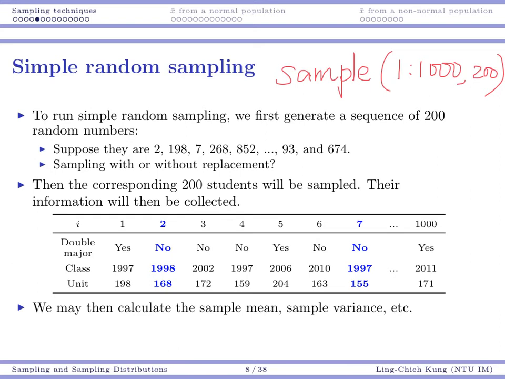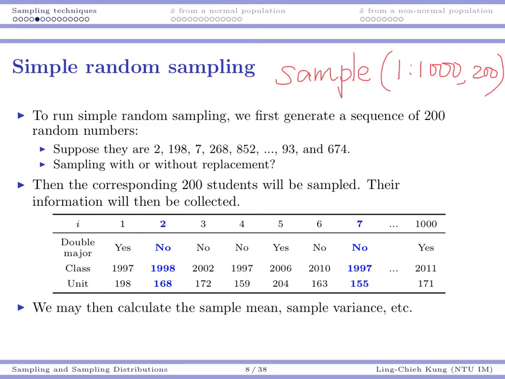Now you know it. Anyway, suppose we got these 200 numbers. Then all we need to do is say, I got number 2, so the second student should get a call from me, and I will ask whether he double majored, when he graduated, and how many units he took. I also get number 7, so I will do the same thing on number 7, and so on and so on.